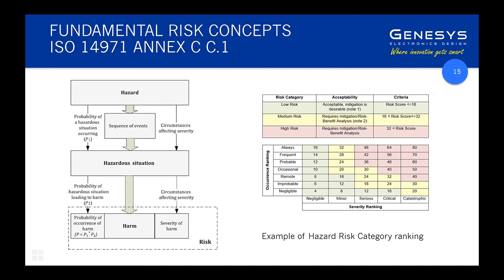So on the right-hand side, we look at, say, what is the actual severity of that harm? And the circumstances around the hazard can affect the ultimate level of severity of the harm, and obviously the impact on the patient. So raising from very minimal issues such as maybe a little bit of discomfort or maybe an extension of the duration of a procedure on a patient, through to the extreme where the patient dies because the device kills them, or they die because the device doesn't save them, and anything in between.